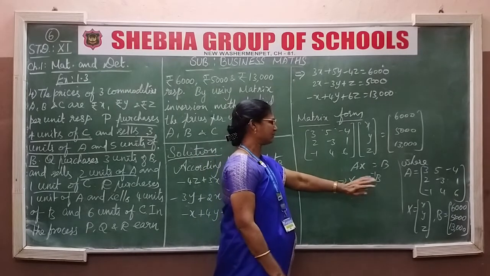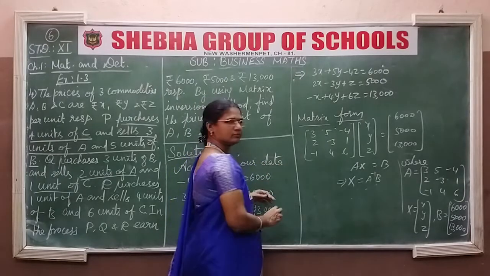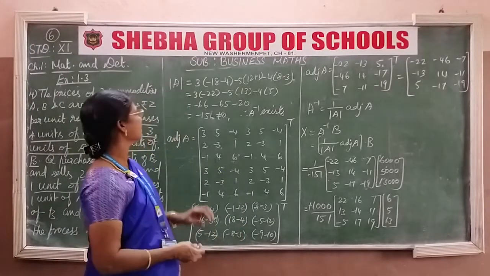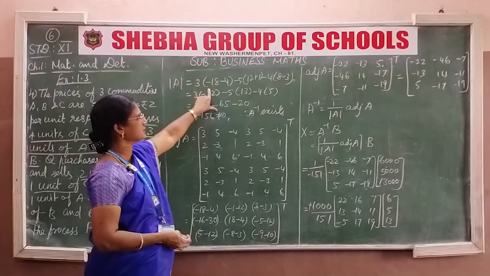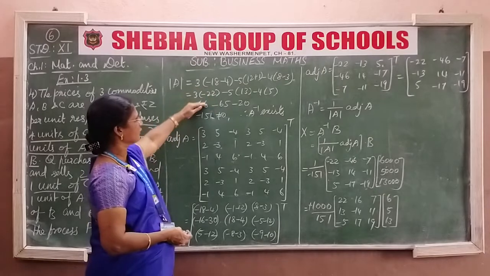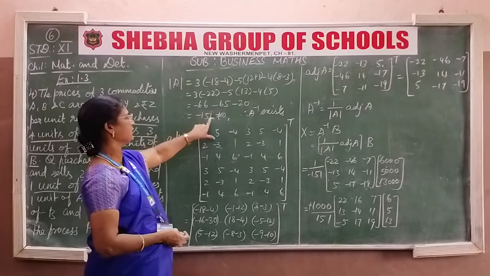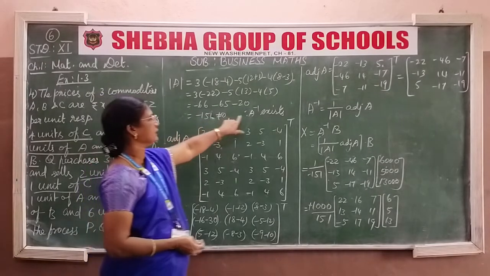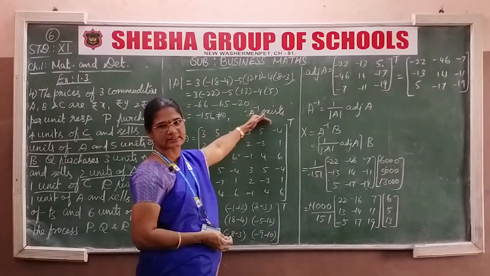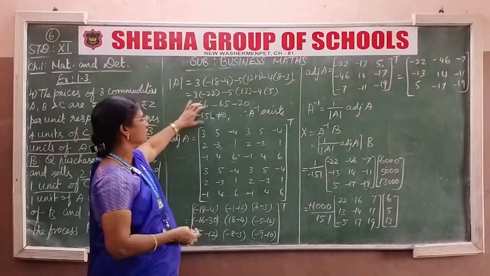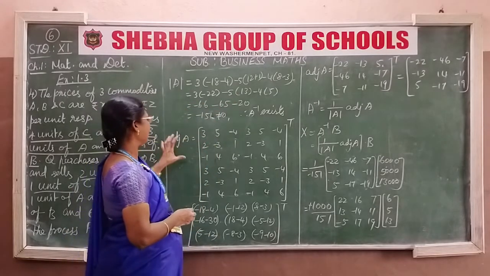To find A inverse, we need the determinant of A and the adjoint of A. Next we find the determinant of A. So the determinant of A is equal to this, and after the calculation we get minus 151. Minus 151 is not equal to 0, and therefore A inverse exists. If it is 0, it does not exist and we can stop. If it is not equal to 0, therefore A inverse exists. Then we find the adjoint of A.